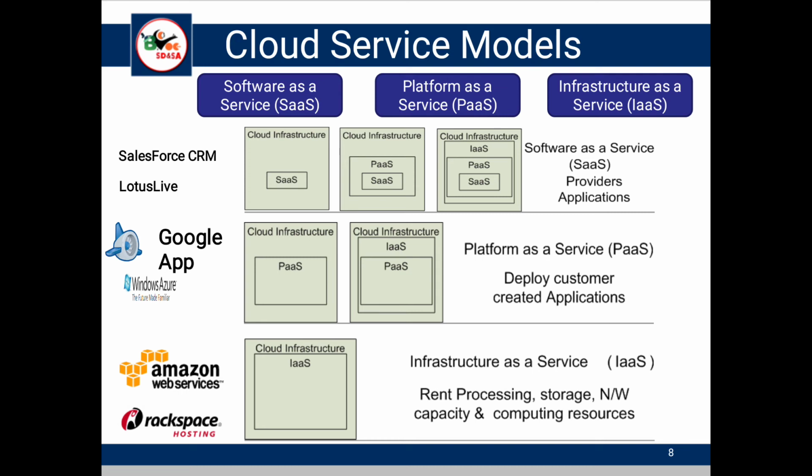The best examples for cloud infrastructure, IaaS, are Amazon AWS or Rackspace Hosting, and for platform as a service, Google App Engine and Microsoft Azure. And for software as a service, Salesforce CRM, Lotus Live. So different vendors are there for different services.